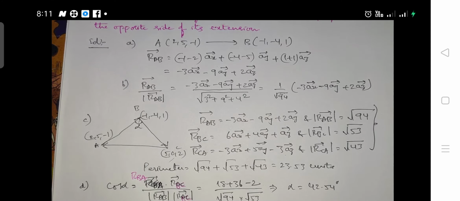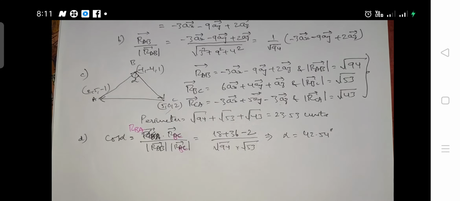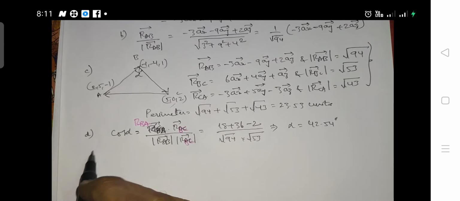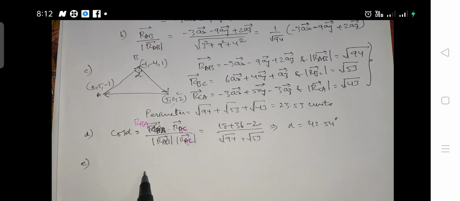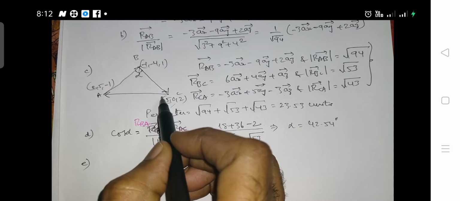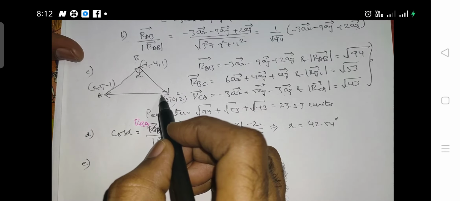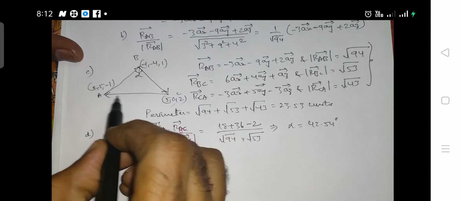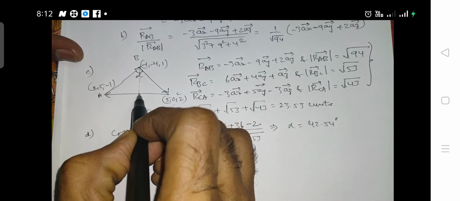So next, let us go for the simplification of solution E here. The question E given to us is the vector projection of RAB onto the RAC. So first we have to find out the scalar projection of RAB onto RAC.